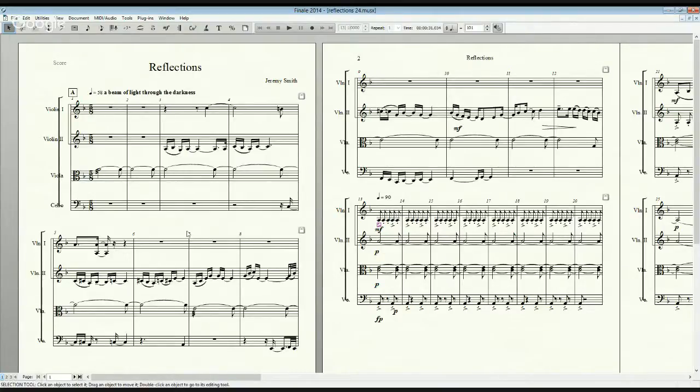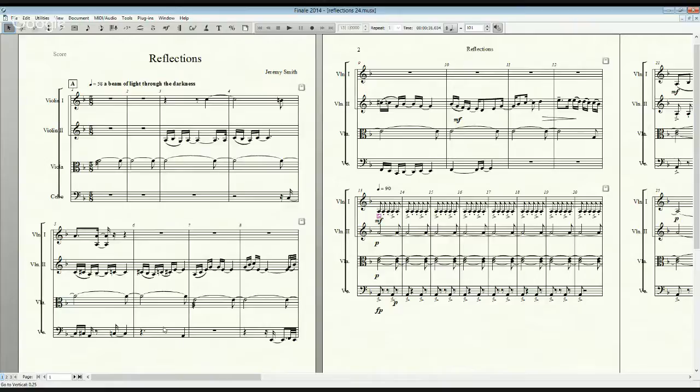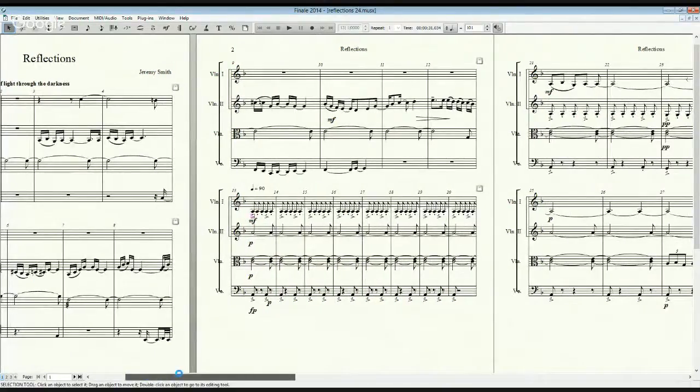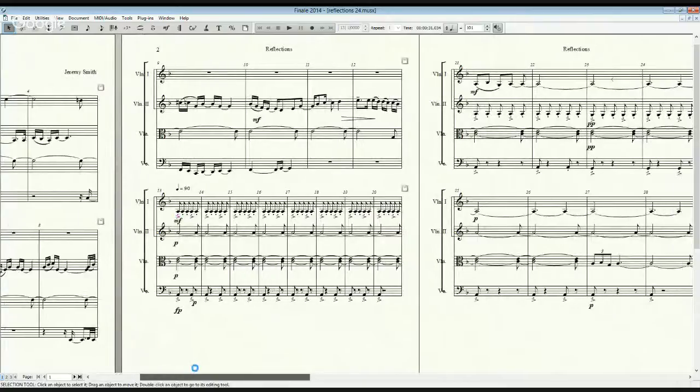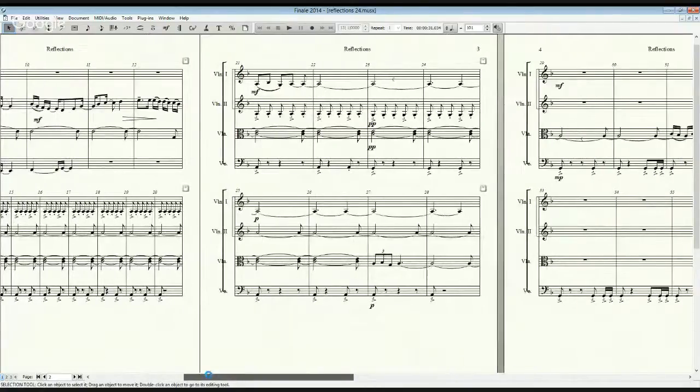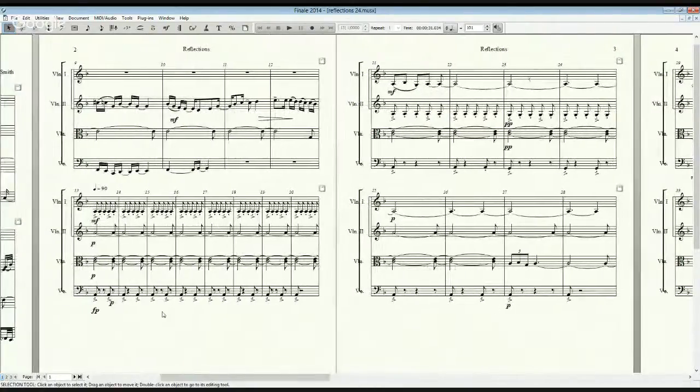The harmony is really straightforward. There's no accidentals except for just a few chromatic shifts, and the subdivision is really simple. It's just super simple subdivision.